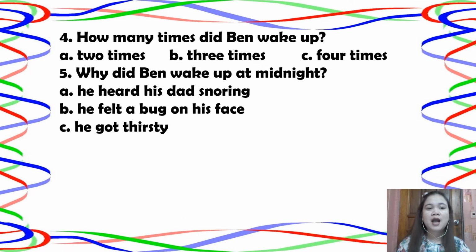Number 4, how many times did Ben wake up? A, 2 times, B, 3 times, C, 4 times. Very good. 3 times. Last number, why did Ben wake up at midnight?